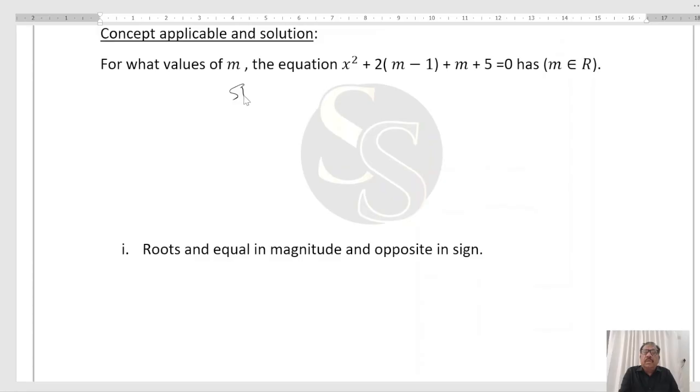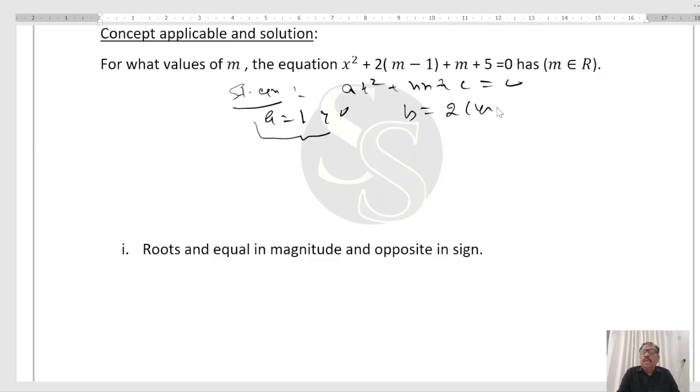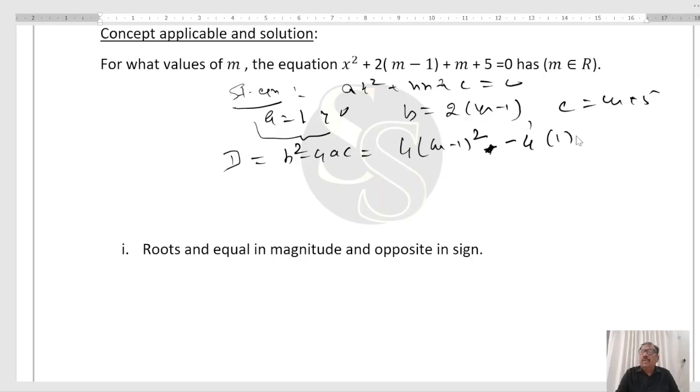Here, the standard equation is ax square plus bx plus c equal to 0. Here a equal to 1, which is greater than 0, b equal to 2(m minus 1), and c equal to m plus 5. For D equal to b square minus 4ac, this comes out to be 4(m minus 1) whole square minus 4 into 1 into (m plus 5).